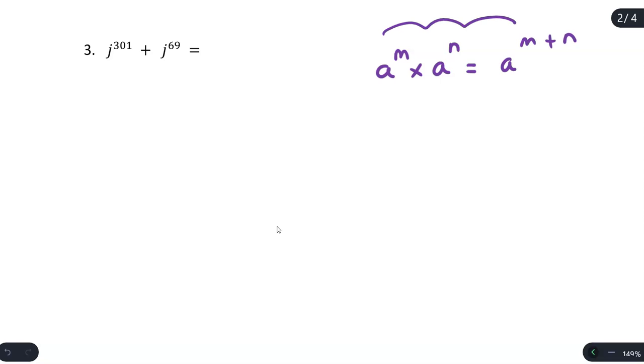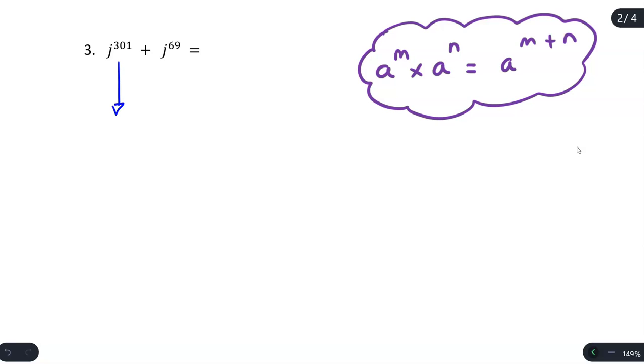There isn't any formula that has two powers with the same base, and we add them to give a certain result. So for this question, we need to break it into a few parts. What I'm going to do is work with this j to the exponent 301 first.